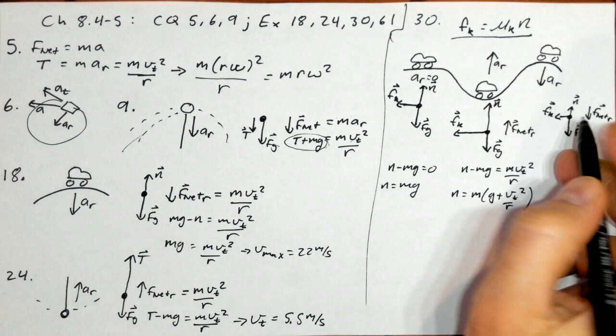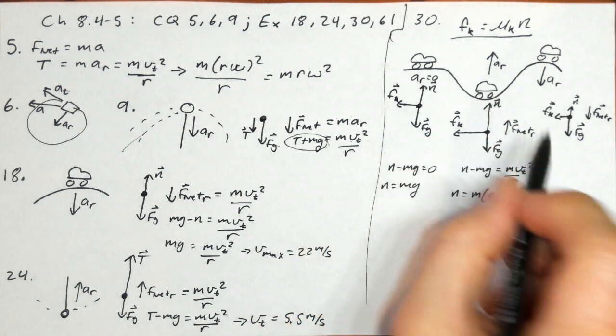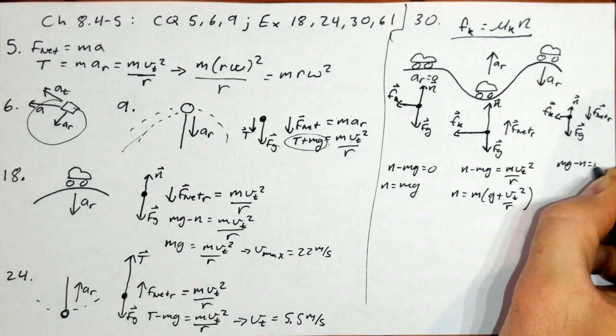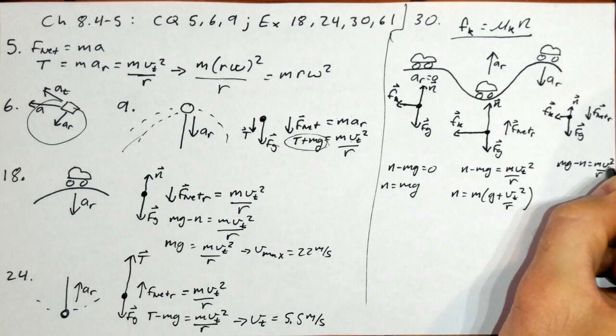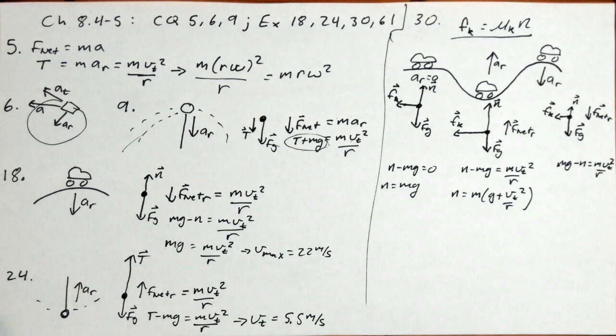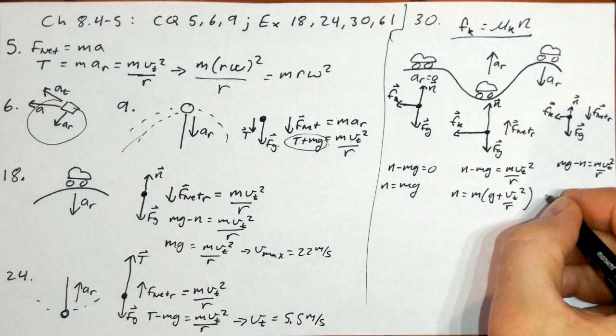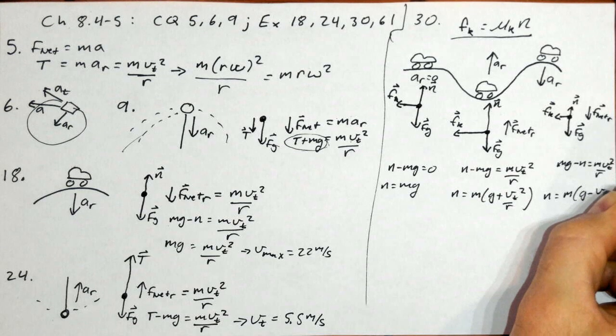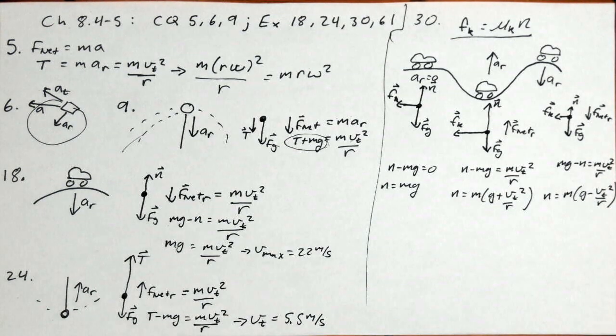And over here, I'm going to choose down to be positive because that's my acceleration. So I'm going to say mg minus n equals mv squared over r. Okay. And solving for that n again, n equals mg minus vt squared over r. And see, n is smaller.